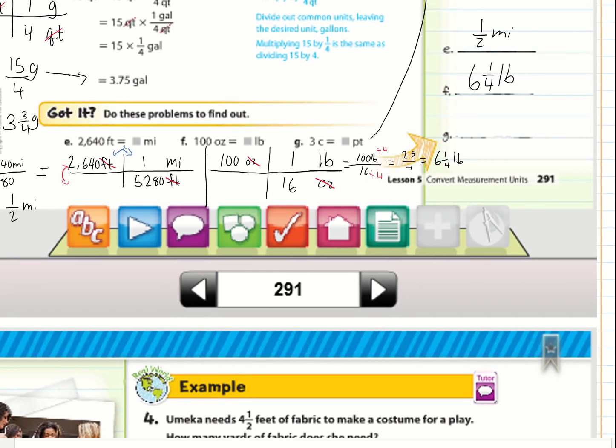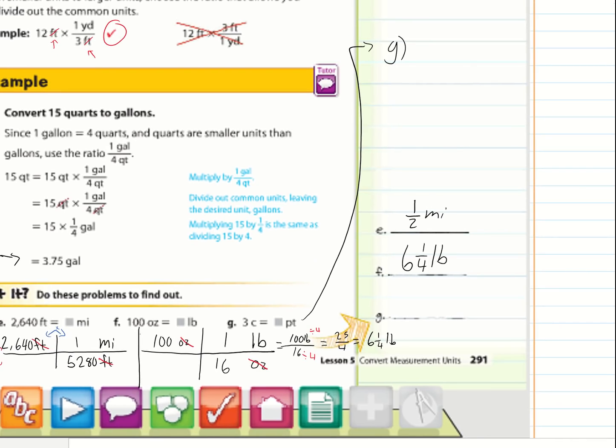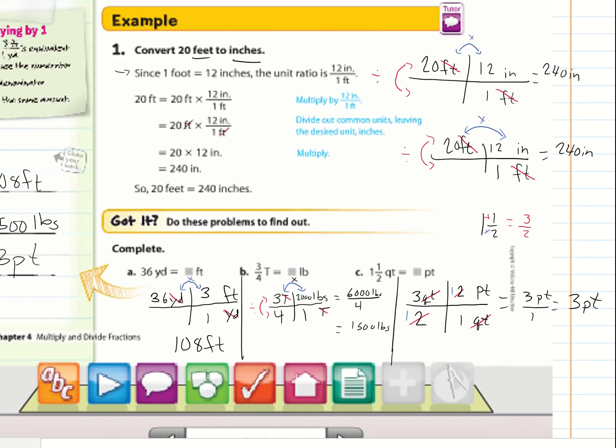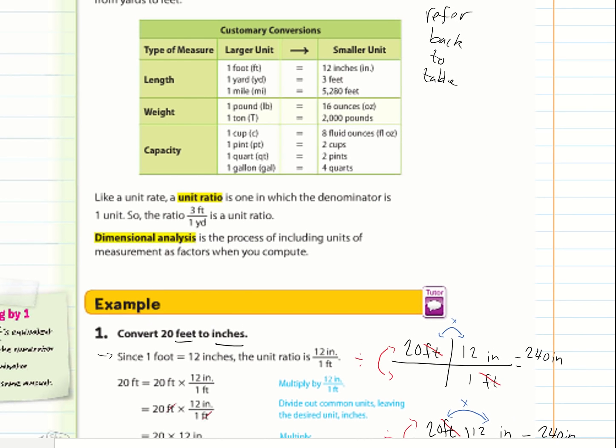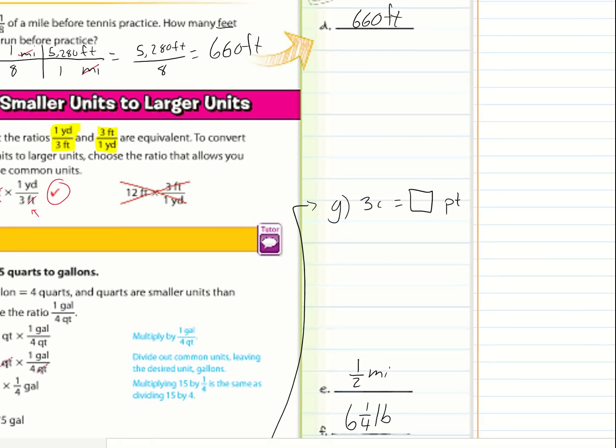Now for G, I ran out of space to work. And G, I actually didn't do, because this is going to be a few steps. We need to convert 3 cups into however many pints. So I'm going to go back to my table. And we have 1 pint equals 2 cups.